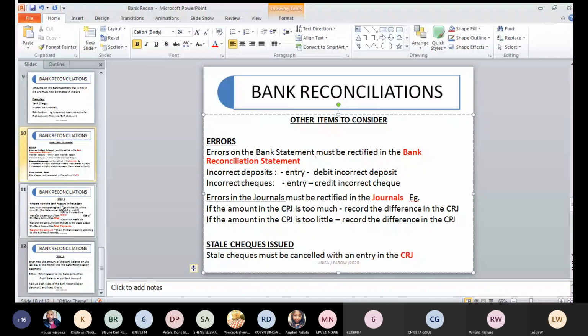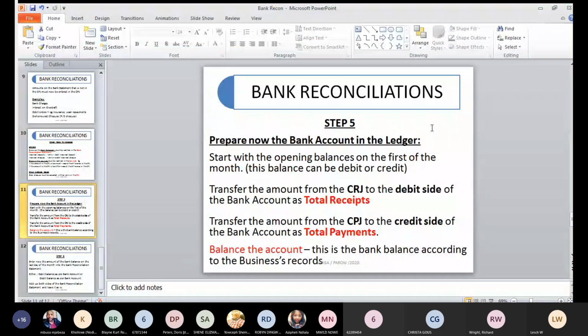Right. After you have updated your cash receipts journal and your cash payments journal, you will prepare a bank account in the ledger. You start with the opening balance. You take the total of the cash receipts journal to the debit side of your bank account. That will be your total receipts.